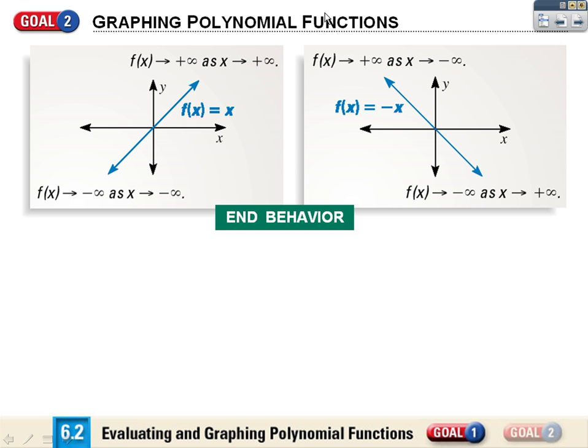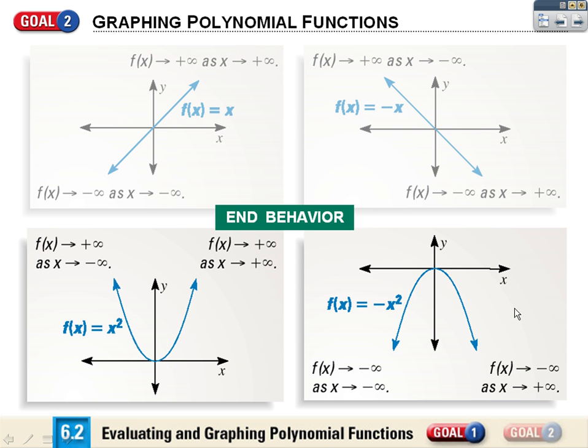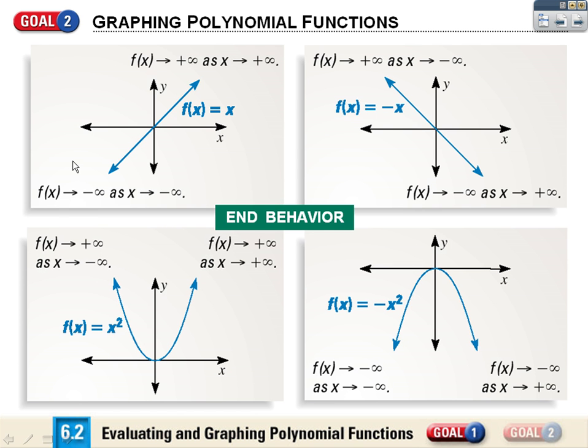But if we look at parabolas, you can see the same kind of thing happening here. If we take f of x equals x squared, sort of our normal parabola, as x approaches positive infinity, y approaches positive infinity, right? Climbs up forever. As x approaches negative infinity, y approaches positive infinity in that case also. And we can look at more examples, but you get the idea. With a graph, it's pretty simple.